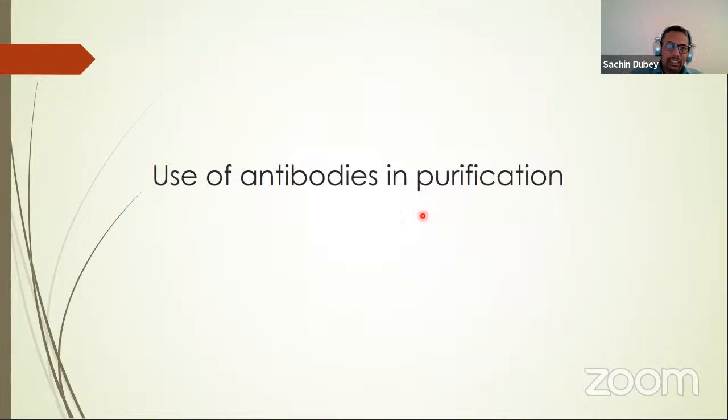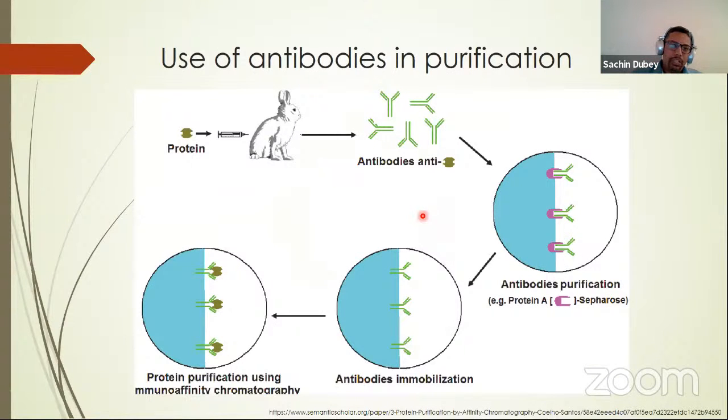Finally, just one slide on the use of antibody in production. So if we have gone through this cycle, and once you have a very specific antibody available, it's a very powerful tool. You can immobilize them on a column and then use it for purification of your so-called previous protein, which was antigen at one point, to purify it over and over again.